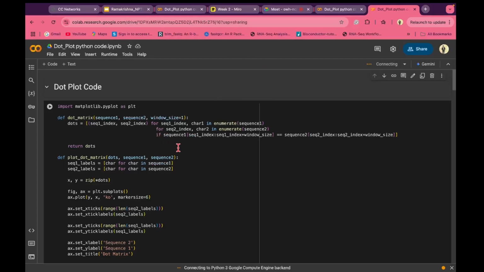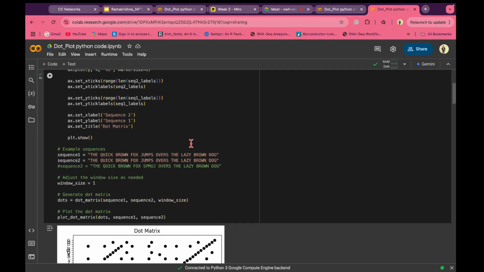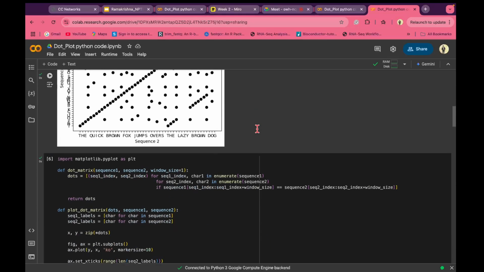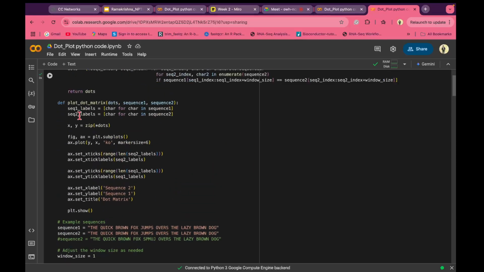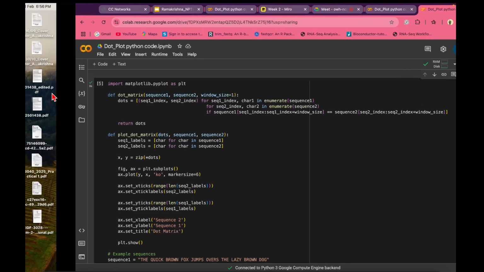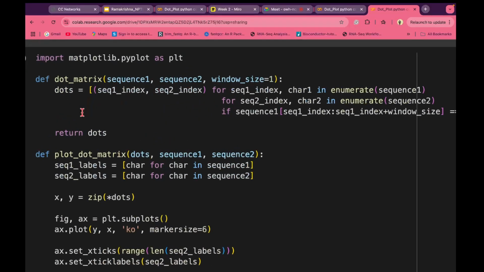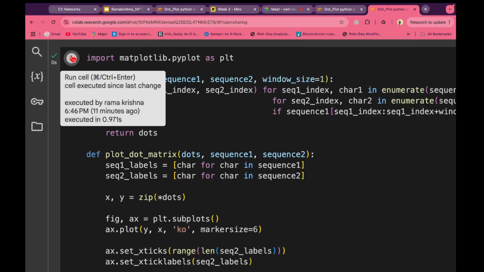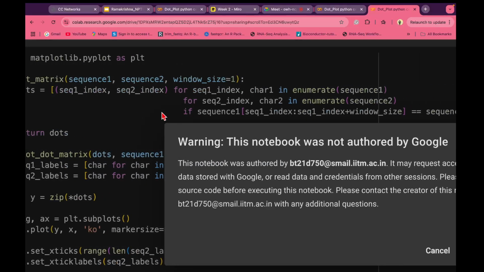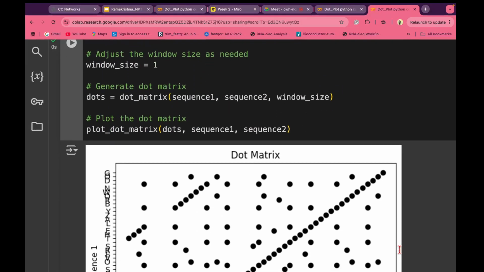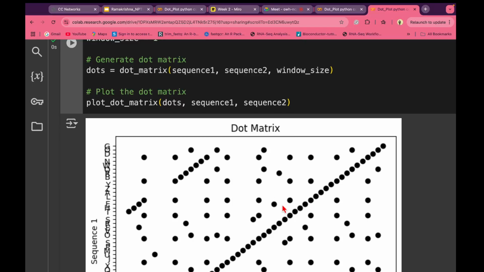So this is the code. This is a cell. In order to run this part of the code, you can see there is a play or run button here. When you hover over it, it says run cell. You just click on it. Below the cell, the result will be updated.